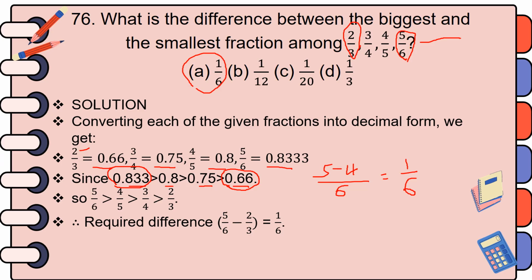So what you have to do is first convert the fractions into their decimal form, then compare the decimals, then find the biggest fraction and the smallest fraction that are associated with the biggest decimal and the smallest decimal, then find out the difference between the biggest fraction and the smallest fraction. Following such a procedure, you get the answer for this question, 1 over 6.